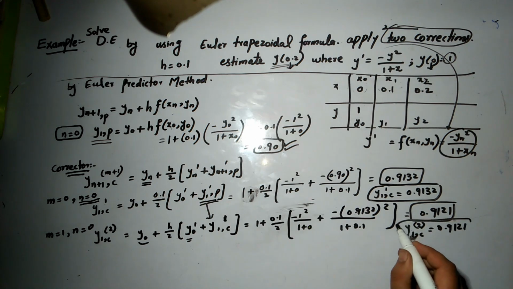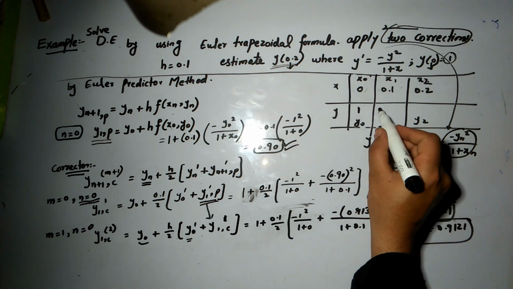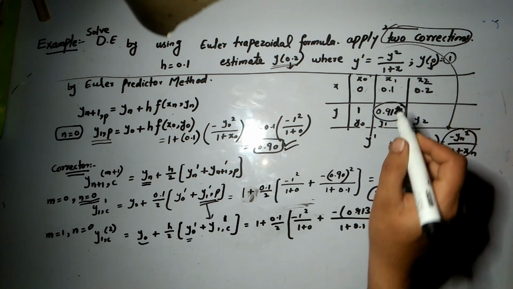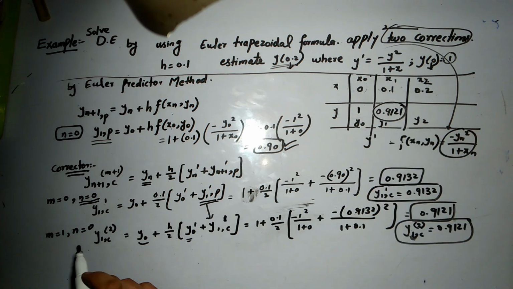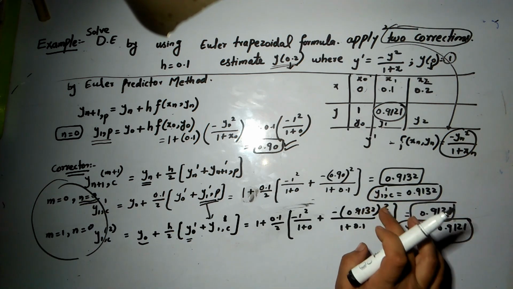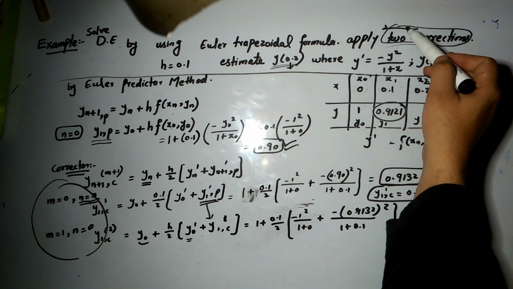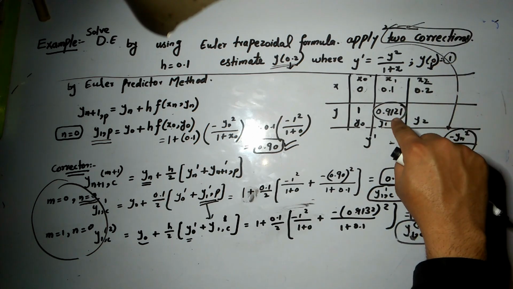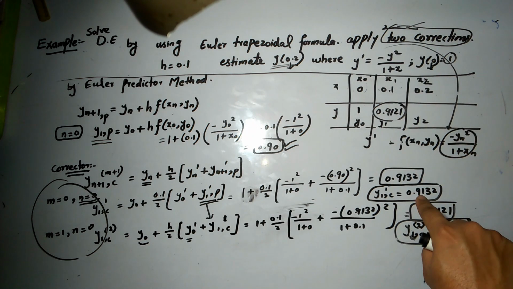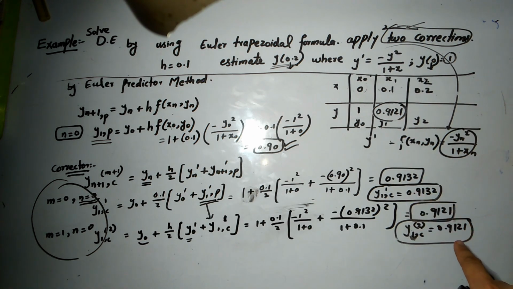So after the second correction, this will be equal to 0.9121. Similarly, here for y1 we applied two corrections because we were given two corrections, so the final answer is this. If only one correction is given, the final answer will be the earlier one.